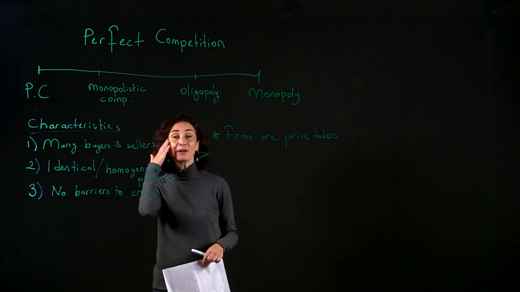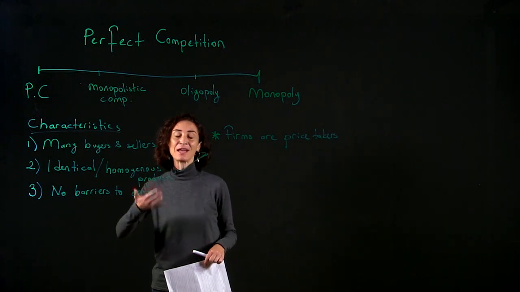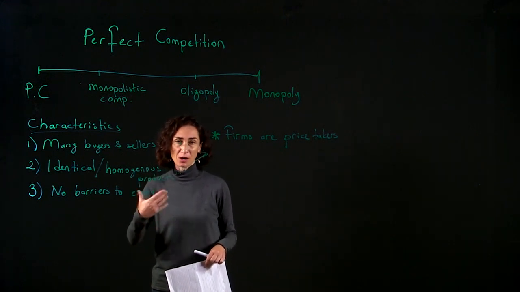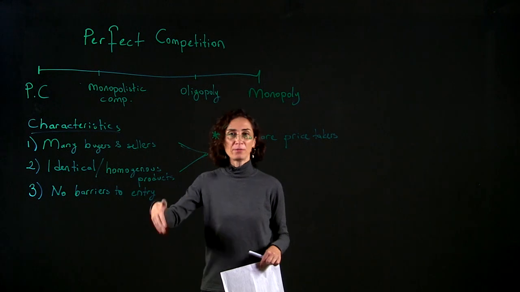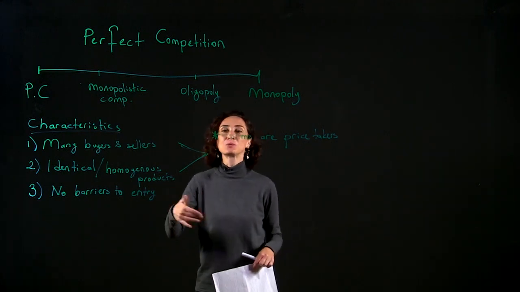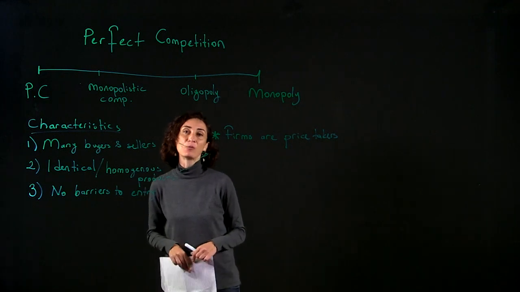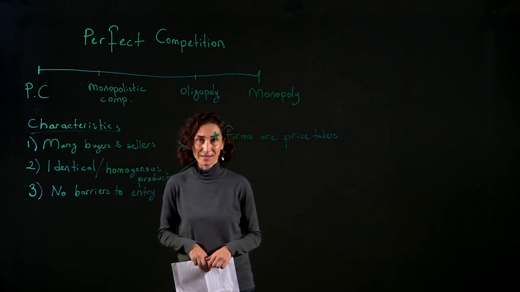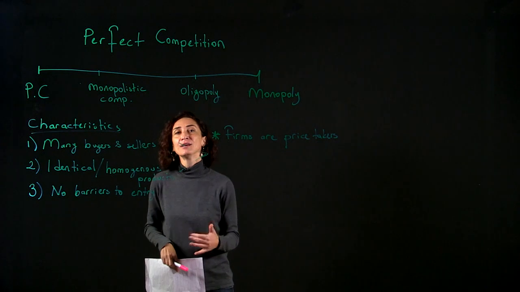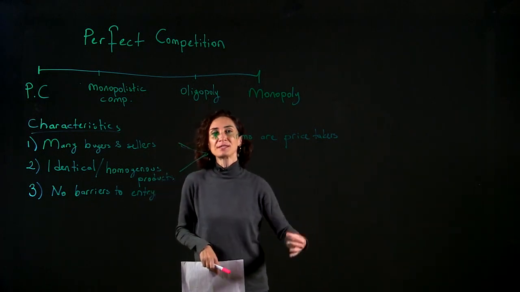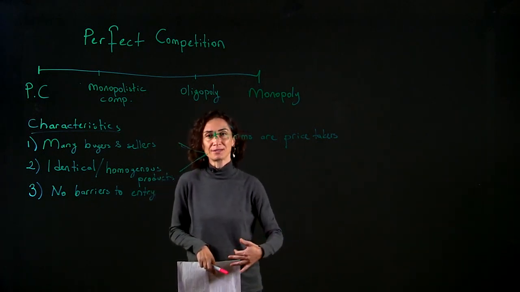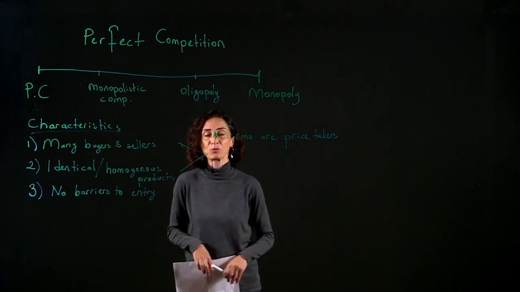But let's assume you are a rational being, right? And you think these tomatoes are the same. You should go around, right? And you would see all these people are selling these tomatoes at the same price. If not, right, you would go to the one who is selling the tomato at a lower price. That makes sense because they are all the same, right?